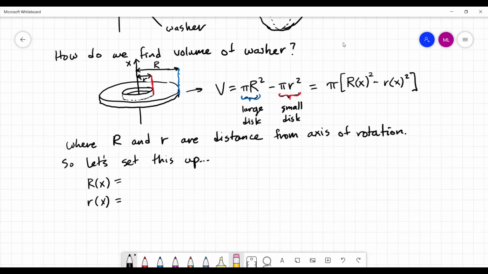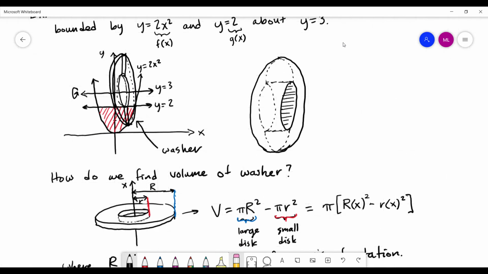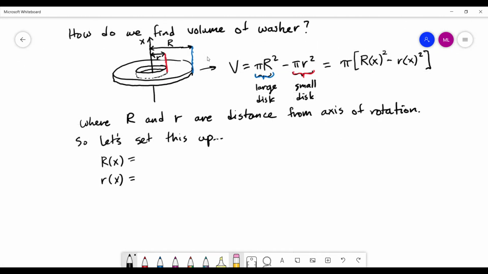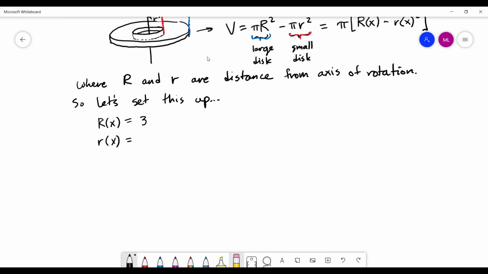So if I go back up to my picture, my outer radius is going to be the distance from y equals 3 to the parabola. The parabola is what dictates the outer radius. It's the further from the center. So that's going to be from y equals 3 down to the parabola, which is y equals 2x squared. So all we have to do is 3 minus 2x squared.